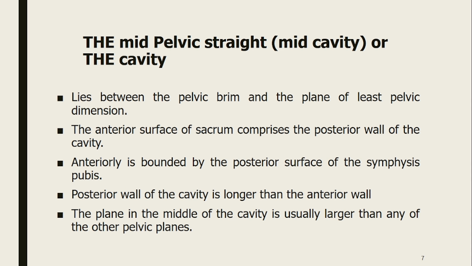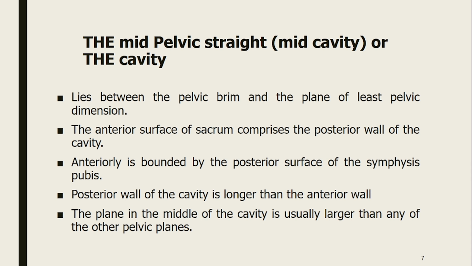The mid-pelvic strait lies between the pelvic brim and the plane of least pelvic dimensions. The anterior surface of the sacrum comprises the posterior wall of the cavity, and anteriorly it is bounded by the posterior surface of the symphysis pubis.